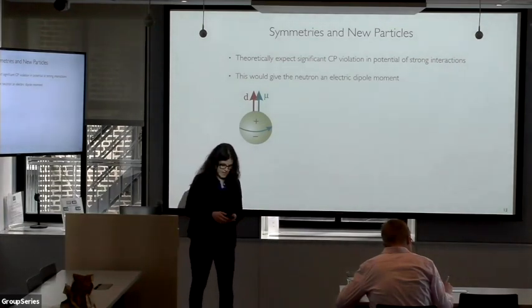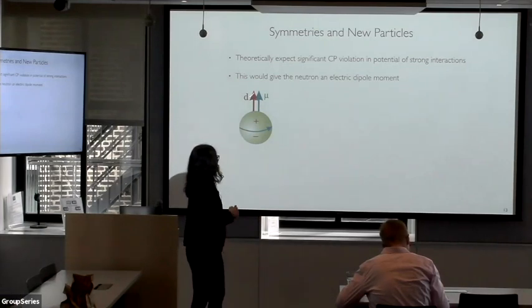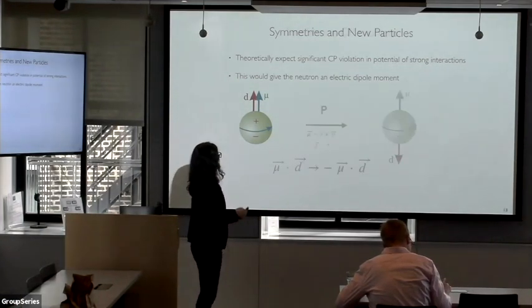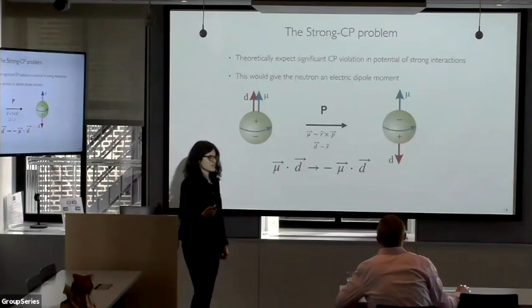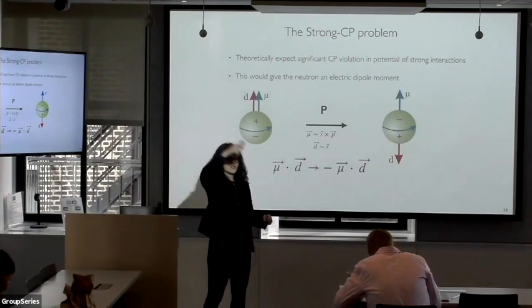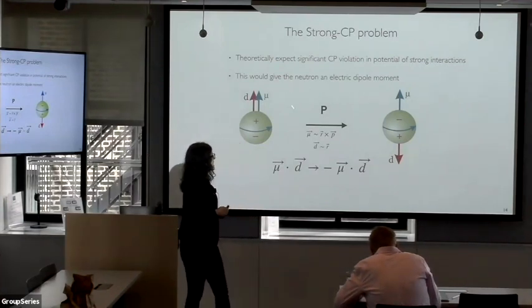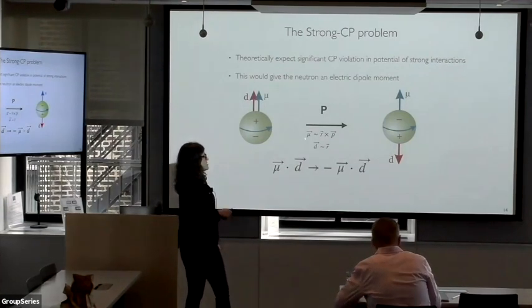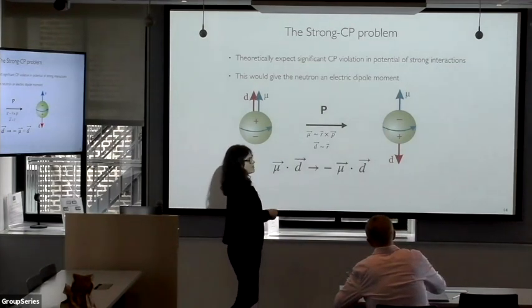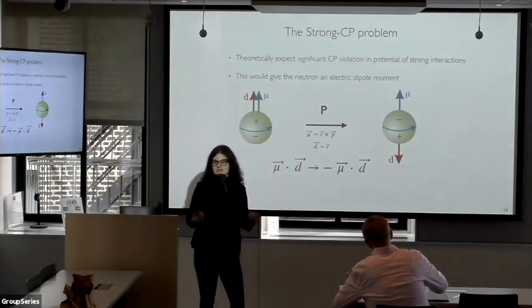And we can see why this is the case. Let's look at the neutron. Mu is the spin and d is the dipole moment. So how does this behave under a parity transformation? So remember I said the parity flips all of the directions to their opposite. So that means that the dipole moment, which is just a vector, would change sign, whereas the spin, which is a cross product of two vectors, would change sign twice and remain in the same direction.